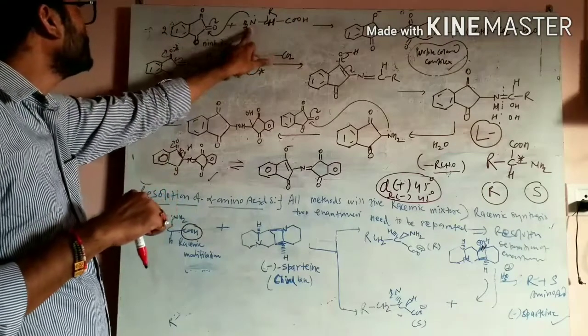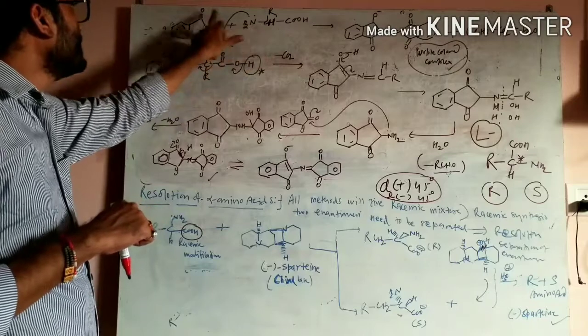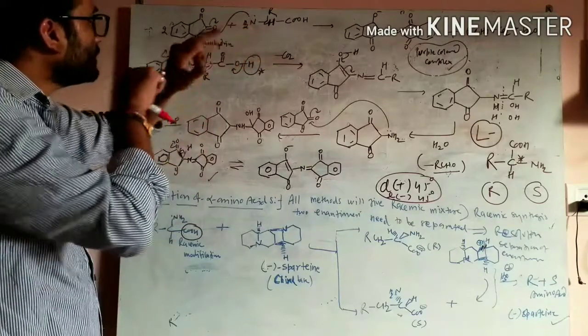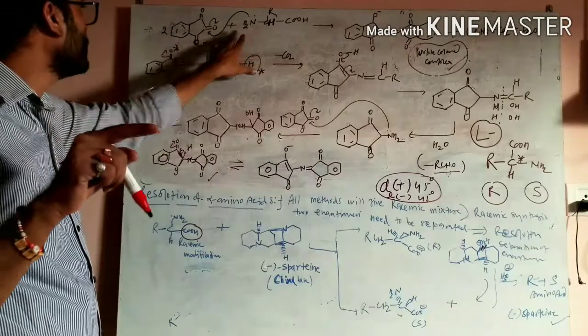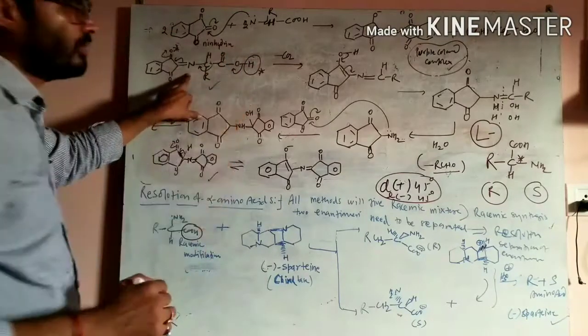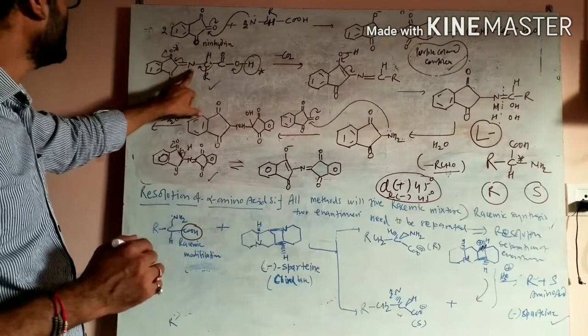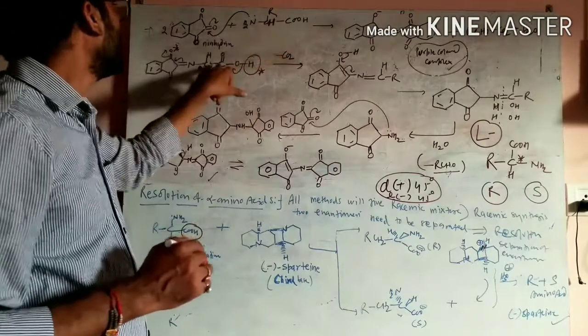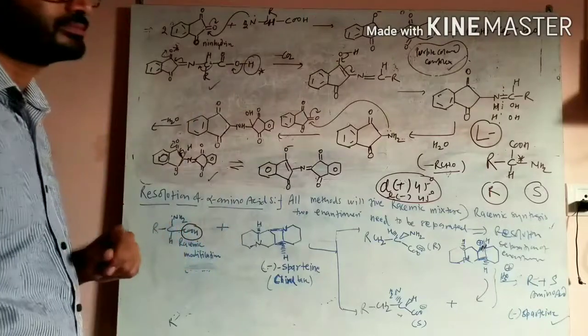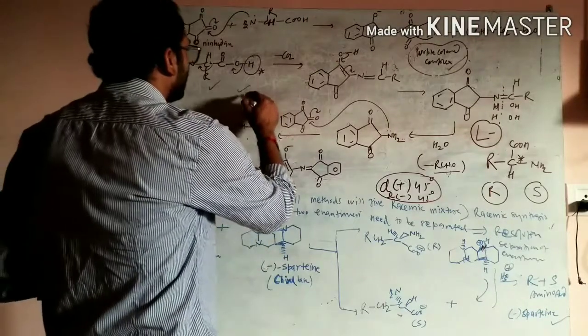So here will be NH and here OH, and here OH, here NH. Further release of a water molecule will occur. So after releasing a water molecule, this will be formed. This is C=N-CH-R-COOH. Now this step is a very important step.